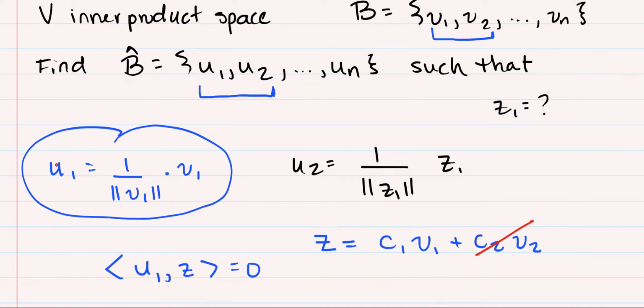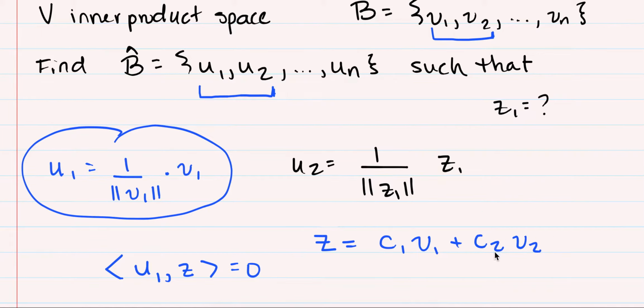And since U1 is linearly dependent on V1, because it's just a linear combination of V1, and if I had the vector Z being a linear combination of V1, and then I divide by its length, and I call that U2, then U1 and U2 are both linear combinations of V1, and so then they're not going to form a basis. So there's no way that this C2 can be 0.